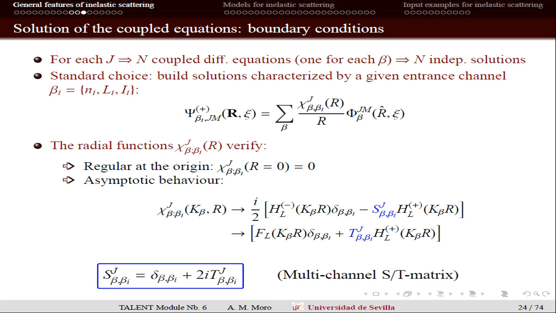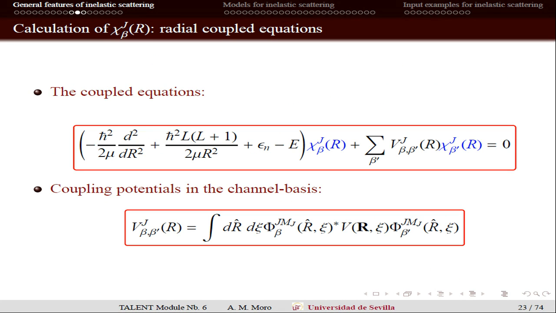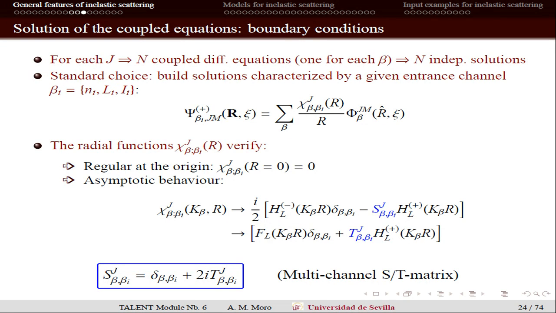I go back here: this beta can have different values, and for each beta I have one equation. So for each total J I have n possible different equations. And remember, n is the number of values of beta compatible with this total J. So this means that we will have n independent solutions to this set of n equations.